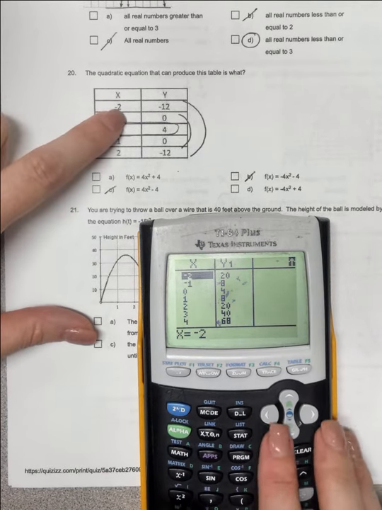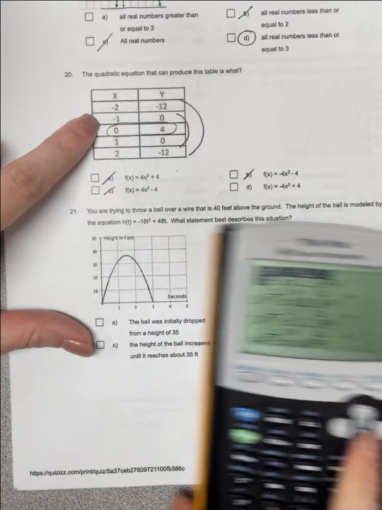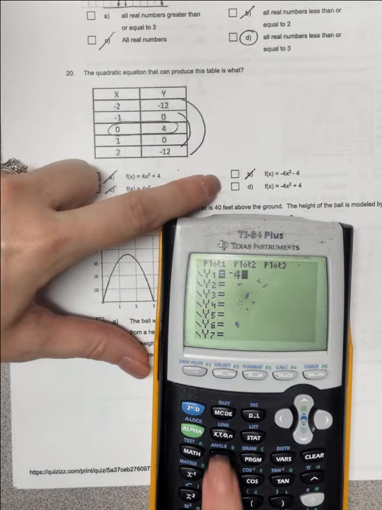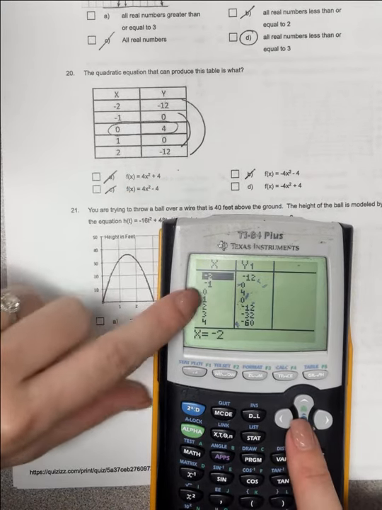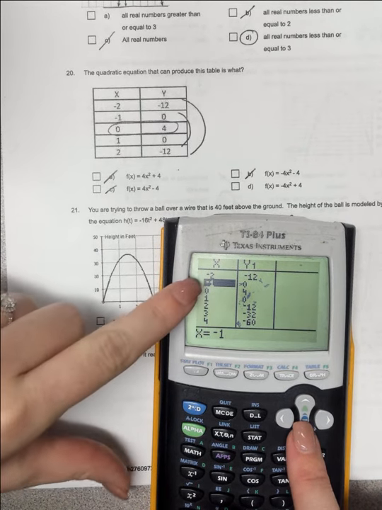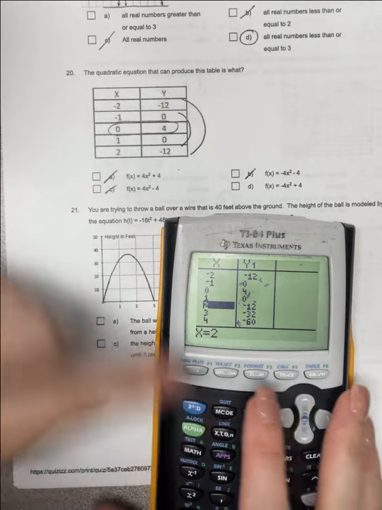So (-2, -12). Nope. Let's try the next one. -4x squared plus 4. (-2, -12), (-1, 0), (0, 4), (1, 0), (2, -12).